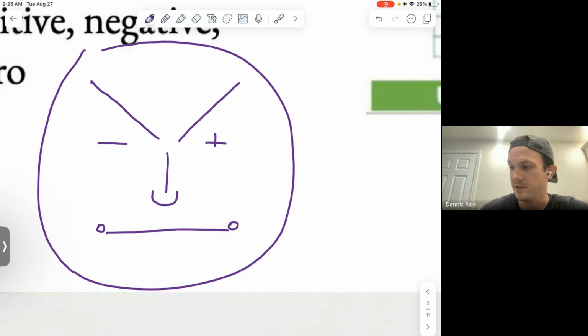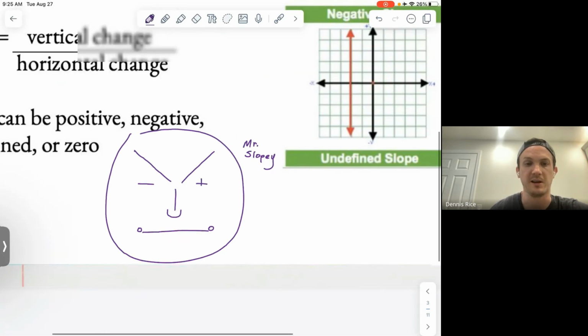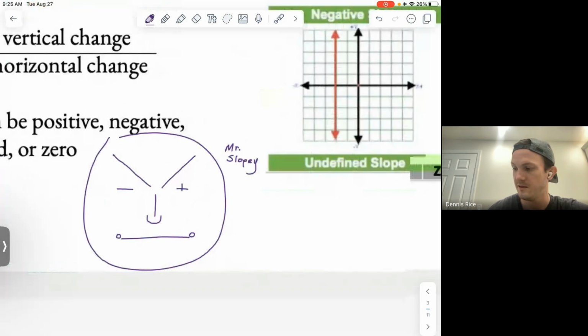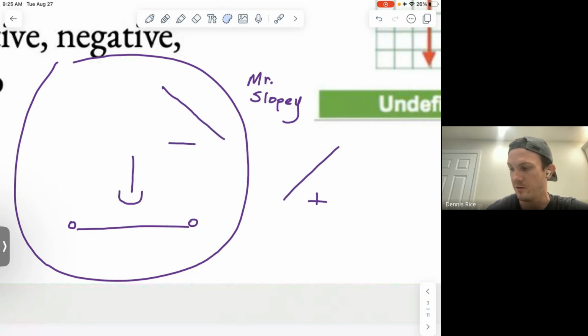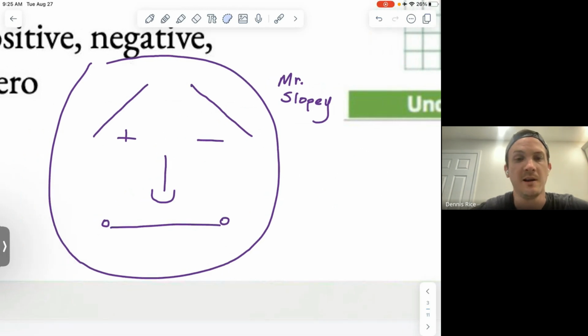Over the years, we've called this guy Mr. Slopey. Some students have told me they're afraid of Mr. Slopey, but he ends up being like a class mascot of sorts. Has anyone seen this before? If you switch the order of his 2 eyes, he starts to look a little depressed.